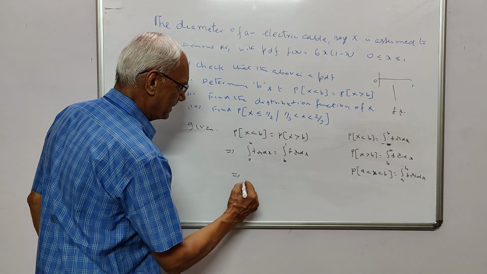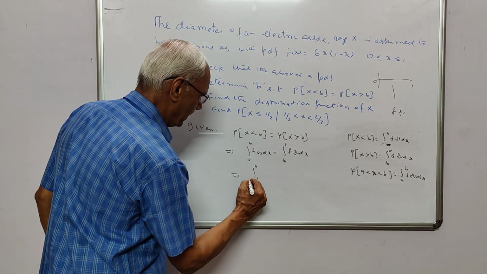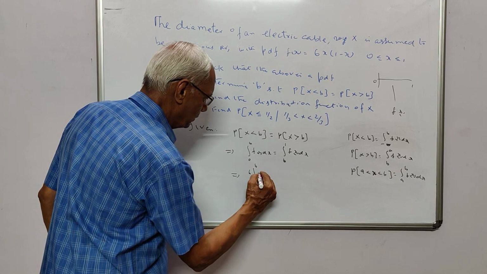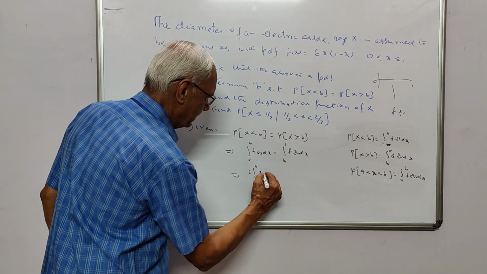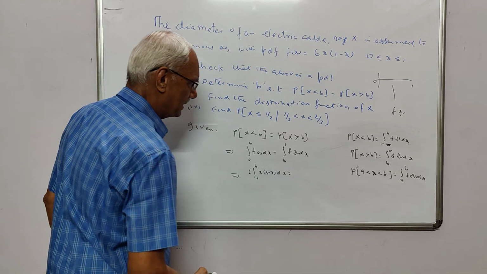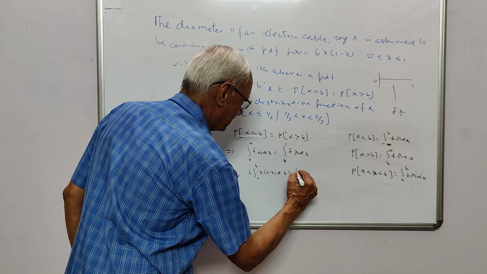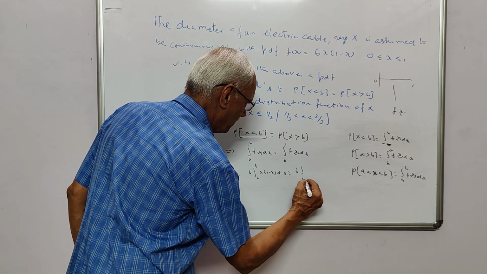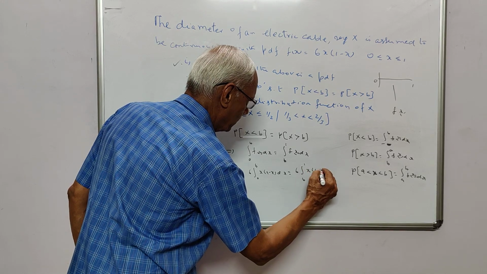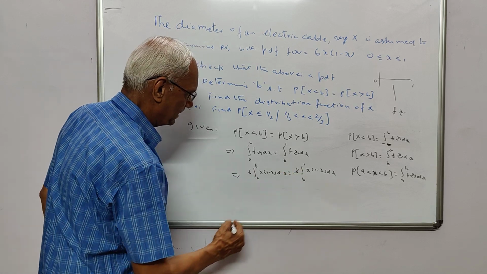So this implies the integral from 0 to b of 6x(1 minus x) dx is equal to the integral from b to 1 of 6x(1 minus x) dx. Cancel off the 6.